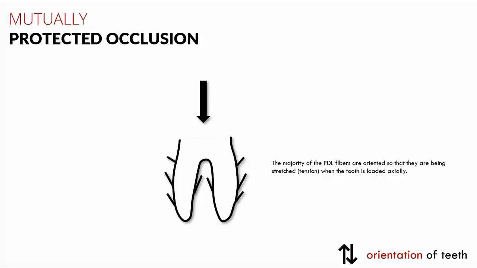So that's important to understand. One, that it's in tension, and then two, that the PDL and bone always does better when it's put into tension stress versus compression stress, okay? If we look at compression, we're looking at the apical fibers, right? In this clinical scenario, the apical fibers that are compressed aren't as many, right?